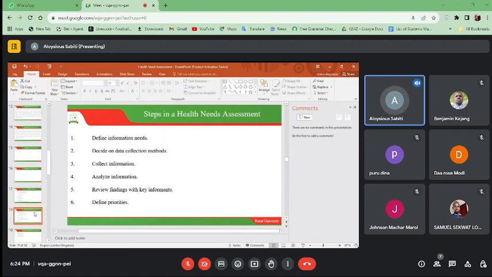So now, what are the steps in health needs assessment? How do you conduct a health needs assessment? That is what we want to look at today. One is to define information needs. The second step is to decide on data collection methods.